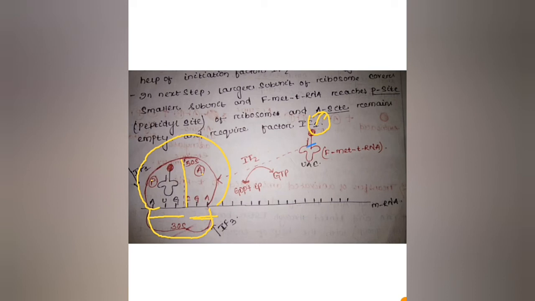And the first tRNA with the first amino acid will cover the P site of the ribosome.